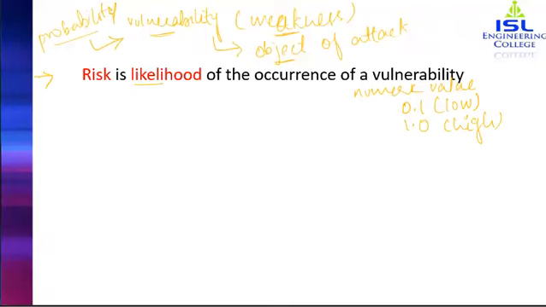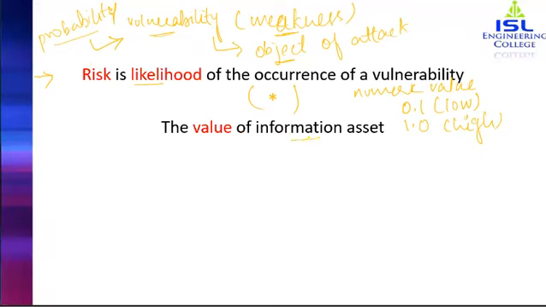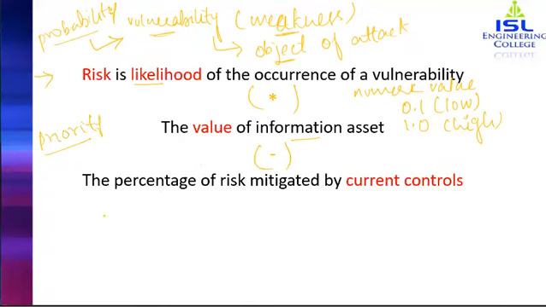Then you're going to take this risk number and multiply it with the value of the information asset, how valuable a specific information asset is, the priority. Then you're going to subtract the percentage of risk mitigated by current controls. Mitigated means removed.